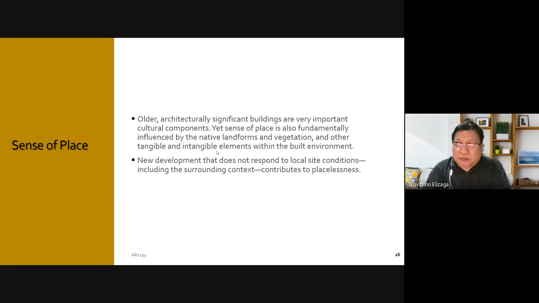So people are here because, for example, if there is a rice paddy or a river, people are here because they are farming or there are fishermen.